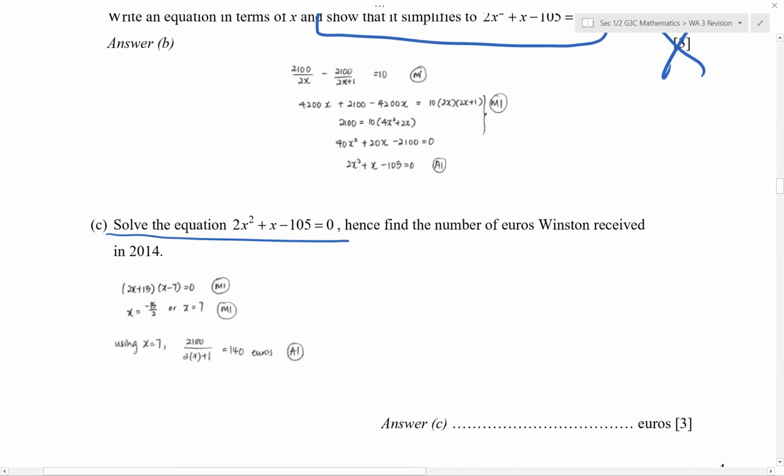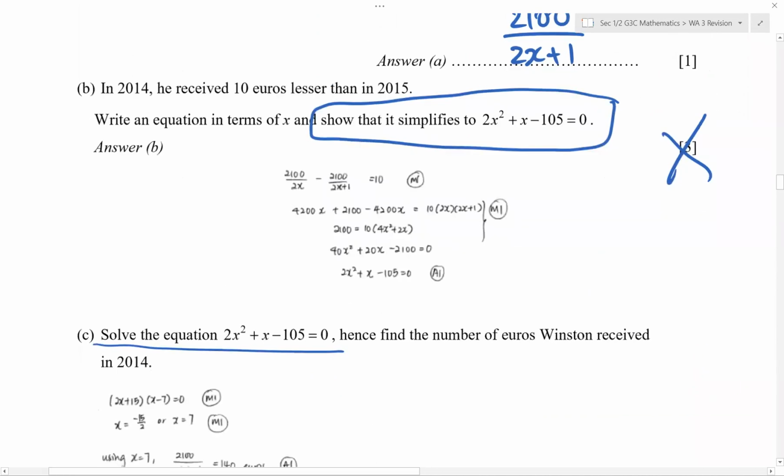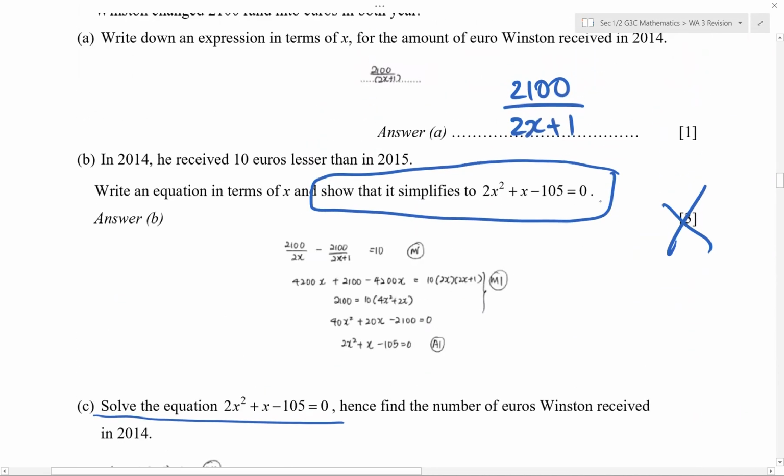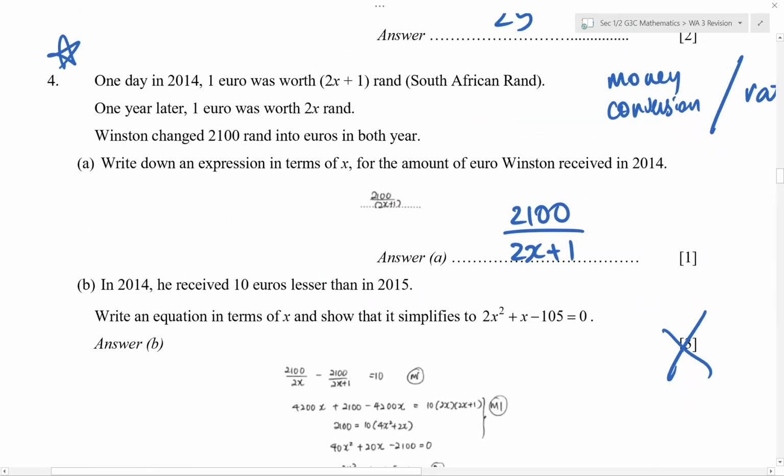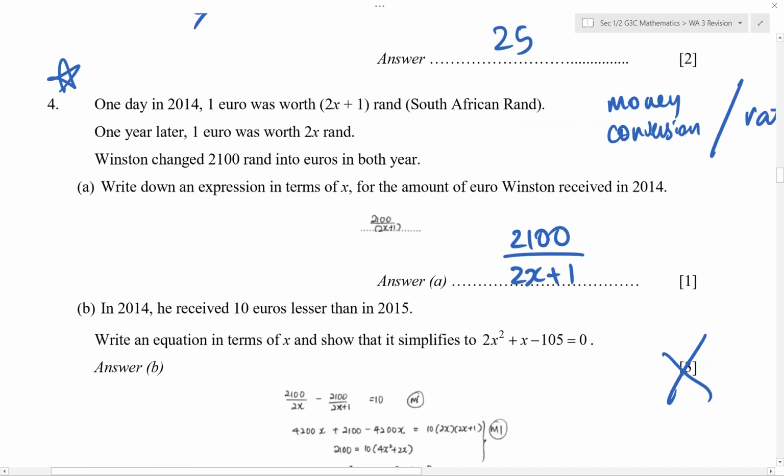Okay, let's go back to part B now, showing that it simplifies to that. Let me read the question again. In 2014, this is the exchange. This is the amount that he got in euro.